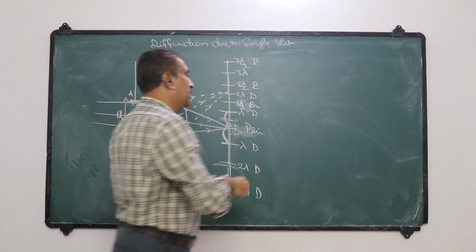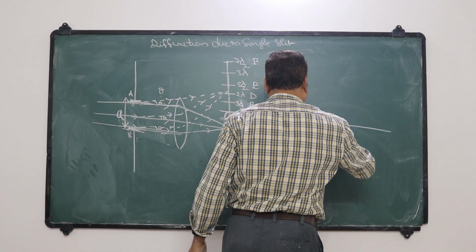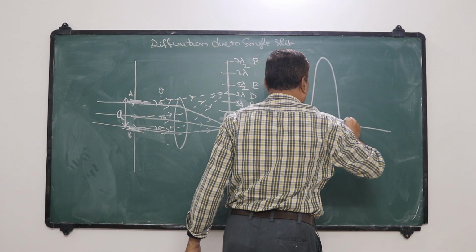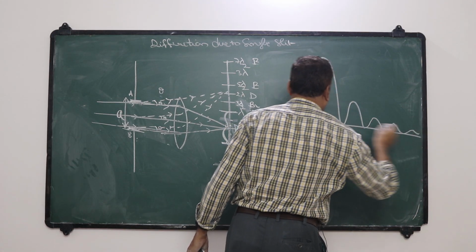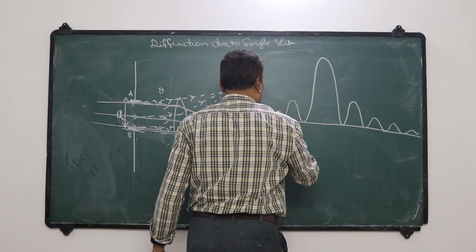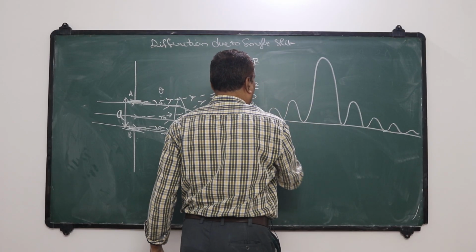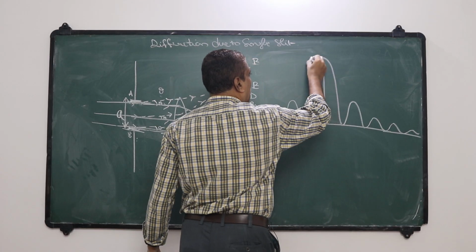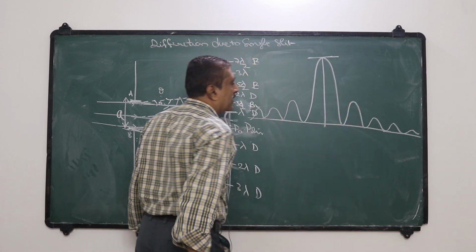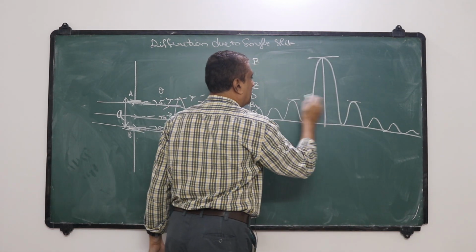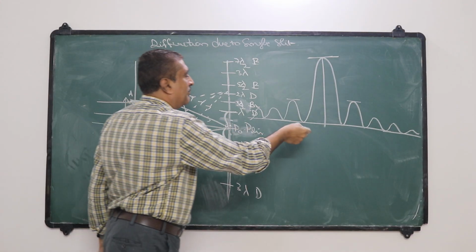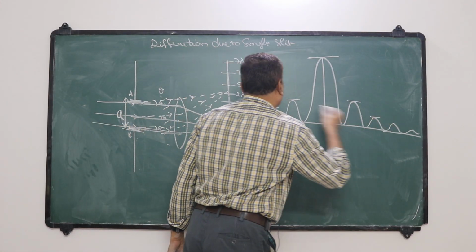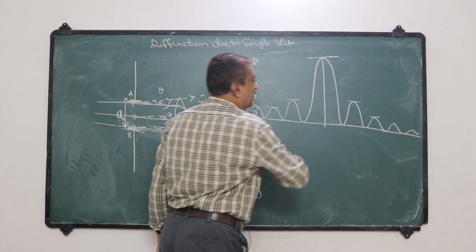single slit diffraction is like this. This is principal maximum of highest intensity. This is first order on both sides of the principal maximum, that means on either side of principal maximum. And this is second order on either side, third order on either side.